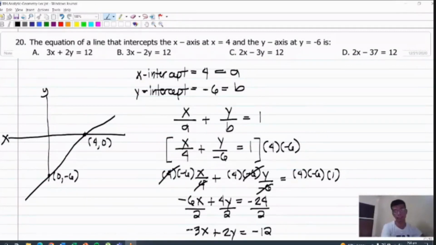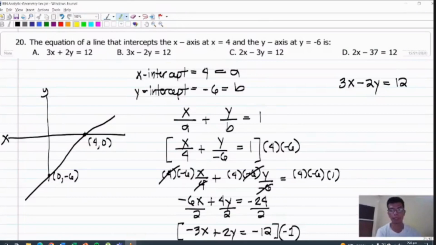So, dahil kailangan maging positive si x, multiply ulit natin lahat sa negative 1. So, this will give us an answer na 3x minus 2y which is equal to 12. 3x minus 2y equal to 12. Letter B.